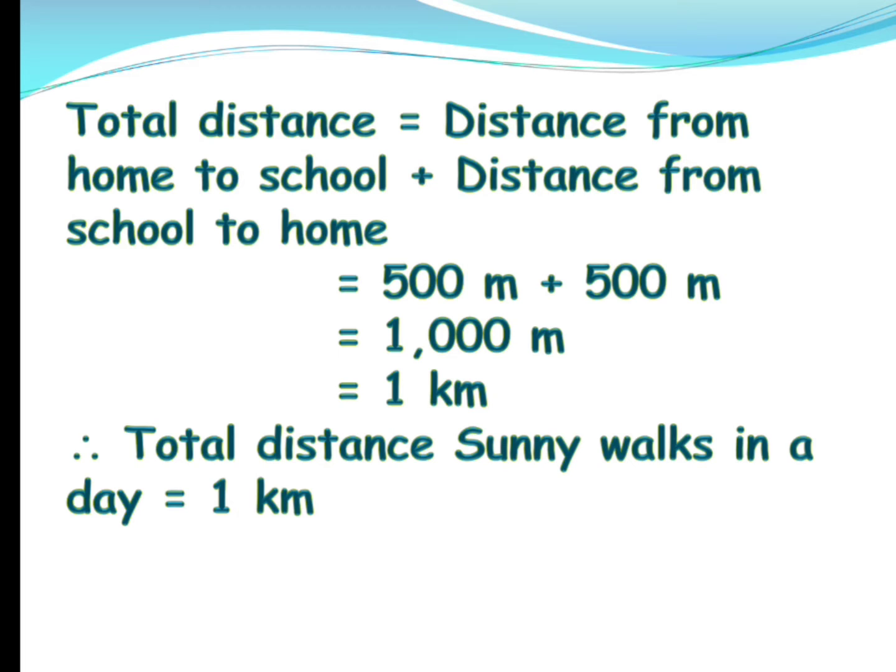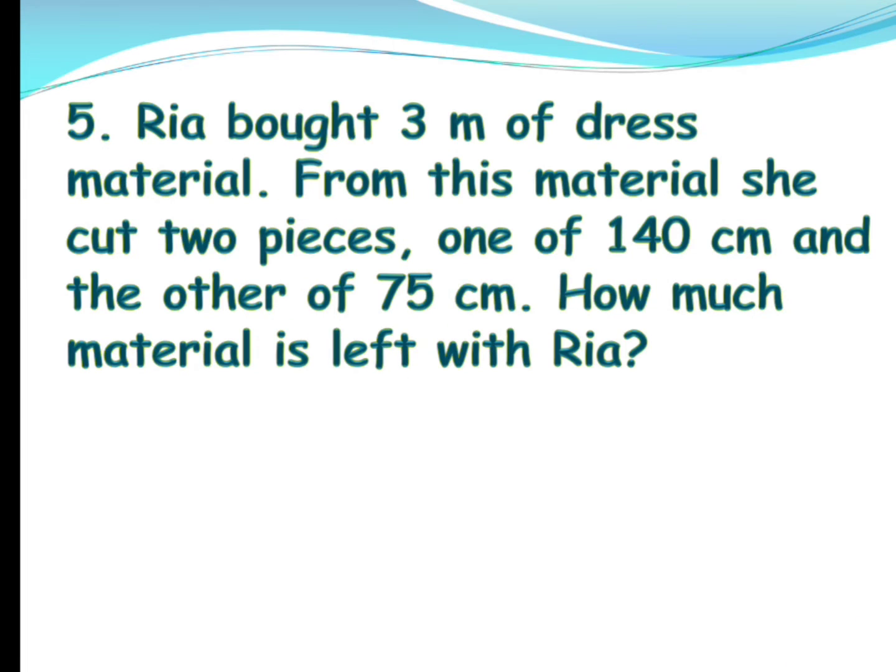Okay, children, so next, Ria bought 3 meters of dress material. From this material, she cut two pieces, one of 140 centimeters and the other of 75 centimeters. How much material is left with Ria?